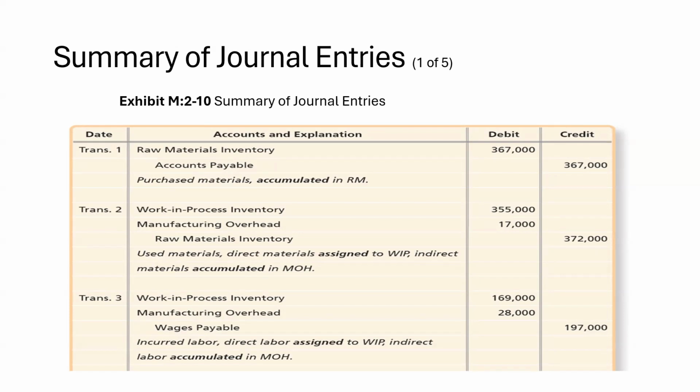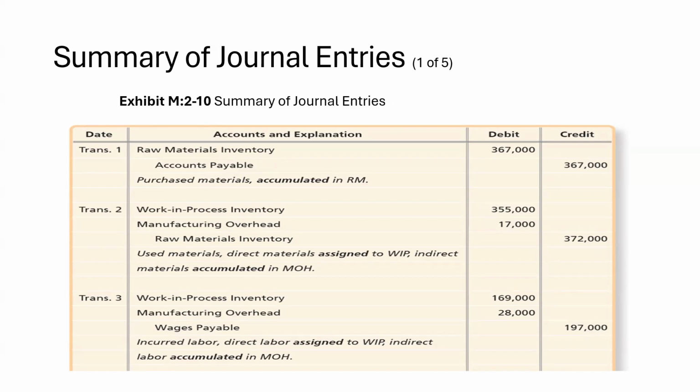Transaction 1 deals with the raw materials inventory, where there was a debit of $367,000 and a credit to accounts payable. Transaction 2 was the work in process inventory, where there's a debit to that account, and a debit of $17,000 to manufacturing overhead, and a credit to raw materials inventory for $372,000.